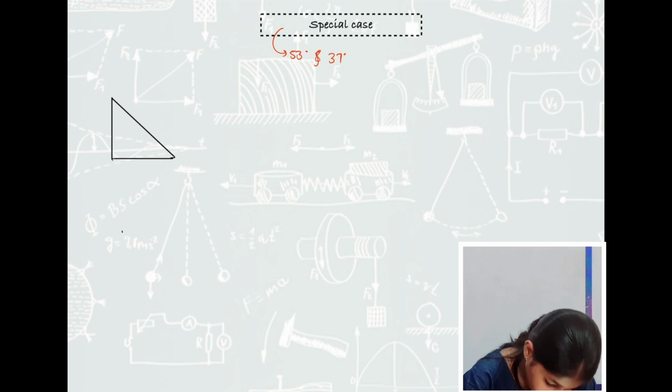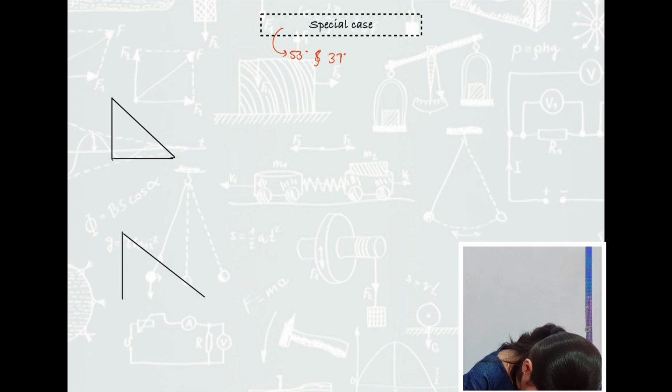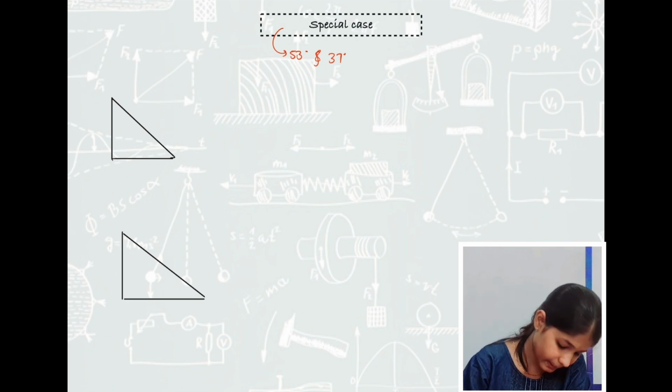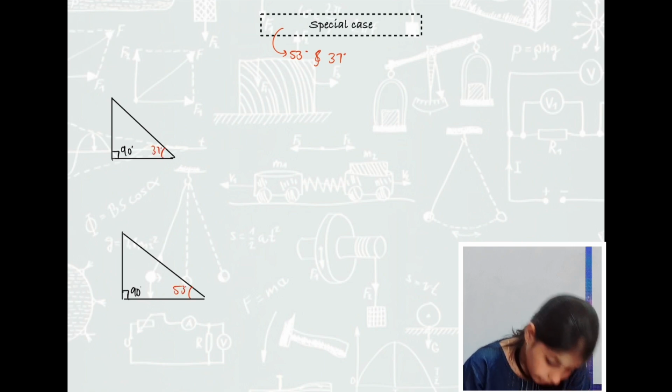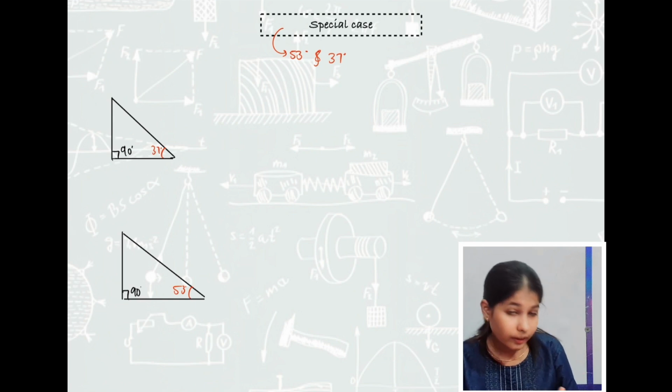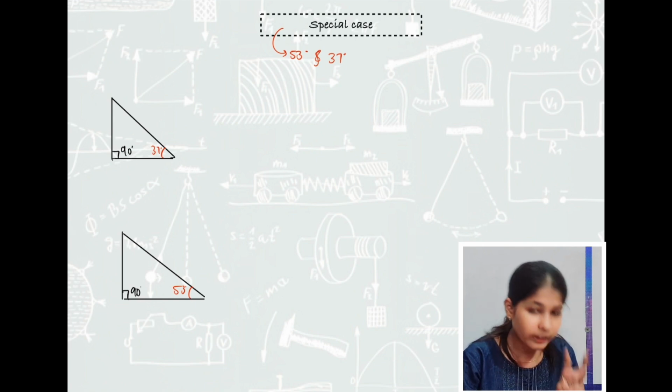These are 90 degree. Now this is 37 degree. This is 53 degree. There is a game of three numbers here.